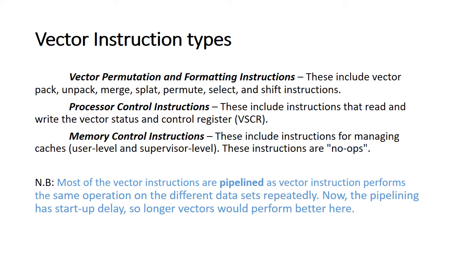The special note here is that most of the vector instructions are pipelined, as vector instructions perform the same operations on different data sets repeatedly. Now, pipelining has startup delay, so longer vectors would perform better here.